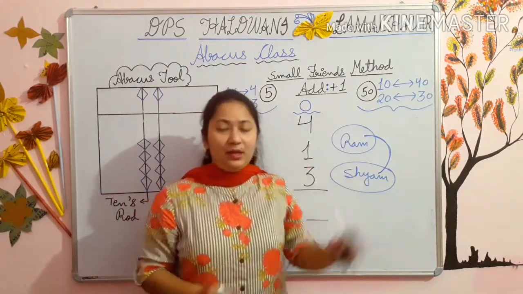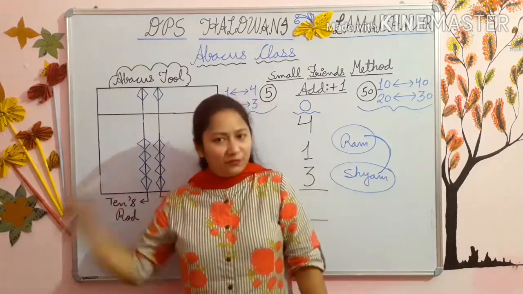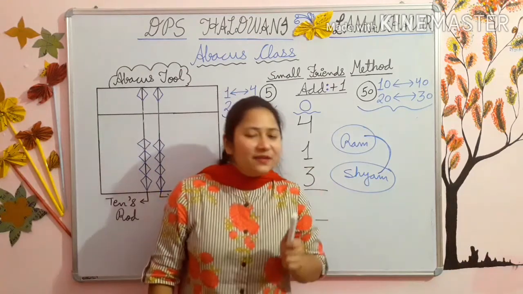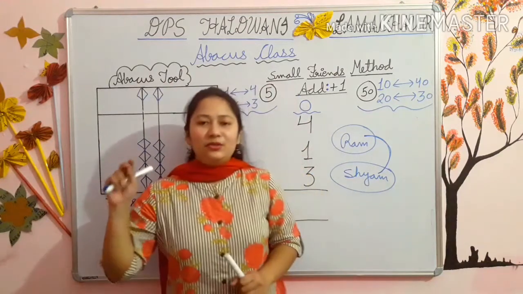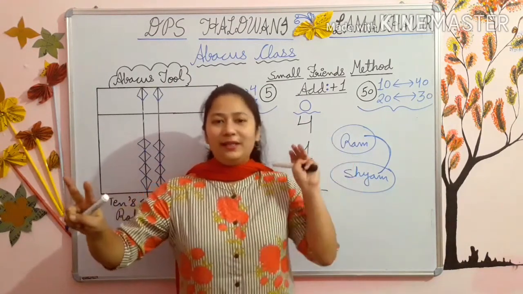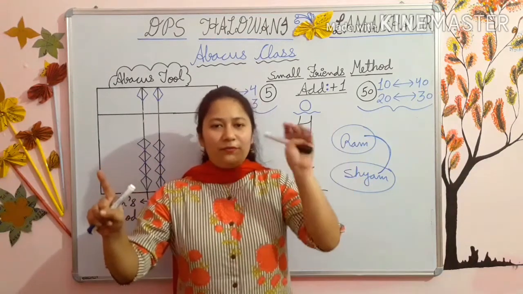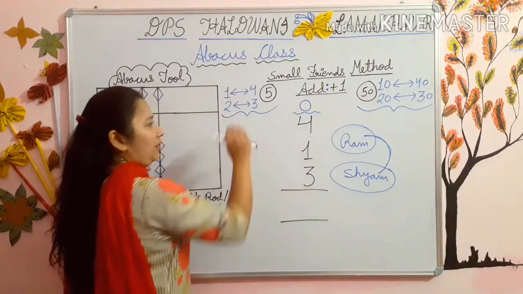So what you have to learn is that 1 is the friend of 4 and 4 is the friend of 1, and 2 is the friend of 3 and 3 is the friend of 2. So kids, this you have done.